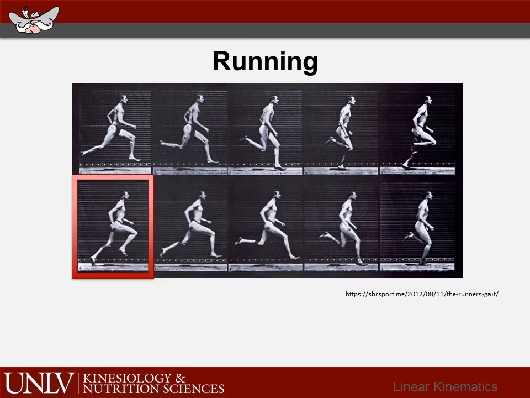Toe off is when the foot leaves the ground, leading into the aerial phase. The period from foot contact to the frame right before toe off is your stance phase, and generally that is an important area for injury research.